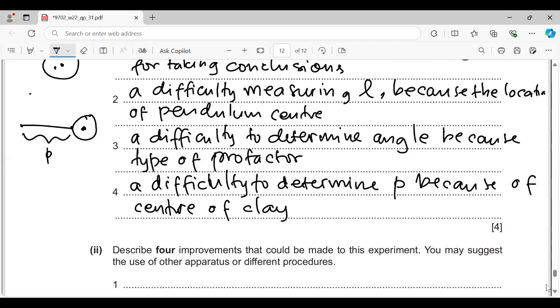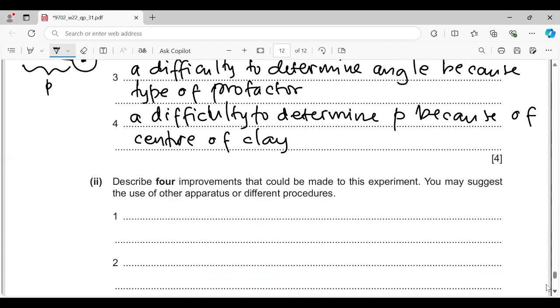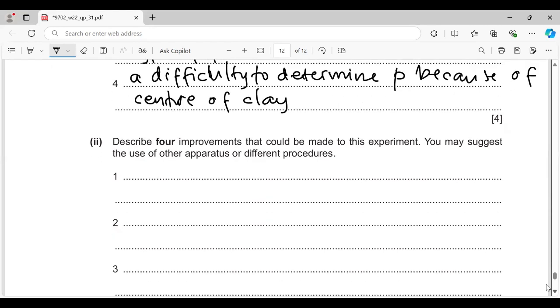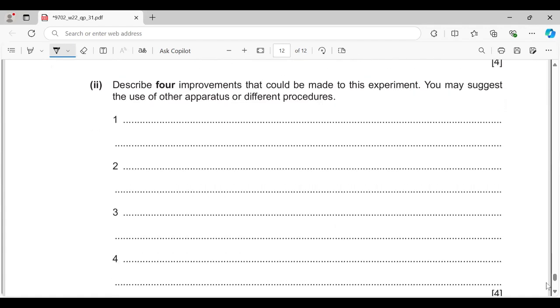Describe four improvements that could be made to this experiment. You may suggest the use of other apparatus. Okay, number one, we have to take more readings.